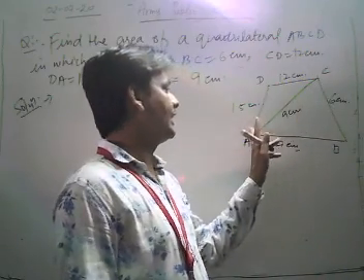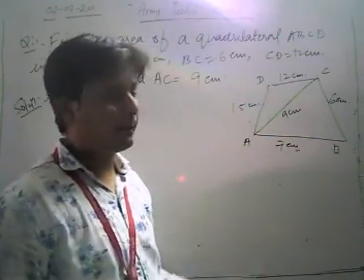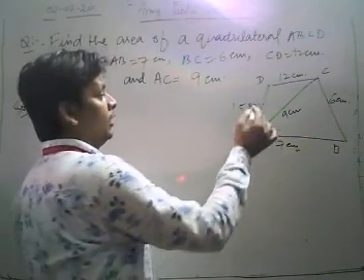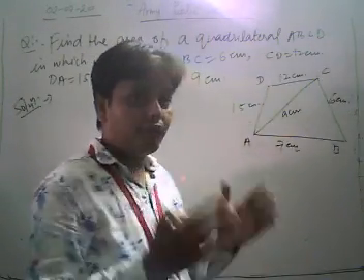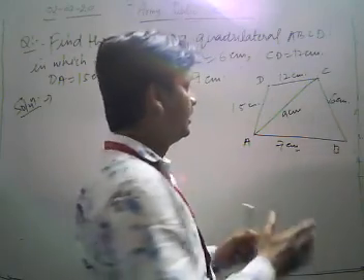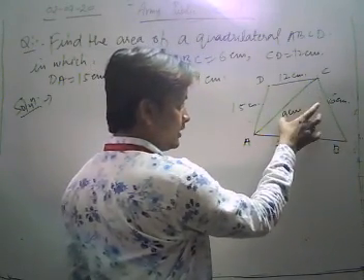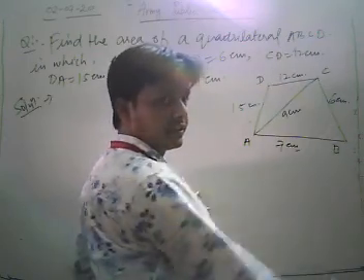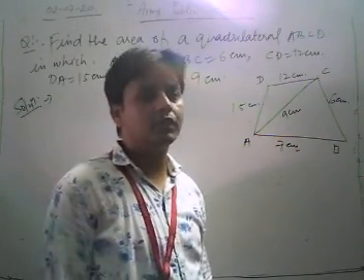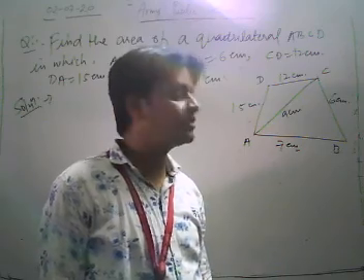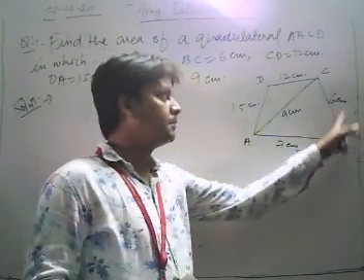Then, we find the area of triangle ADC. Then we add the area of both triangles, that is the area of triangle ABC plus the area of triangle ADC. So in this way we get the area of the quadrilateral ABCD. Okay, let's see. First we find the area of triangle ABC.